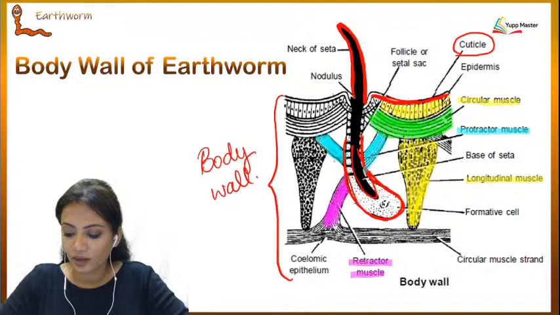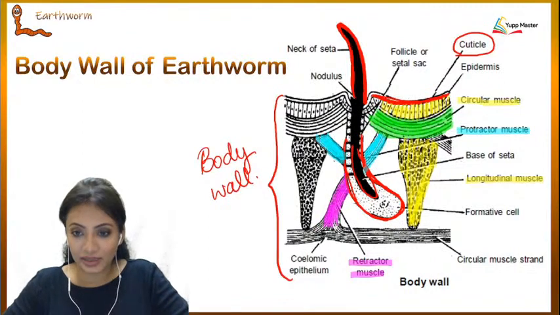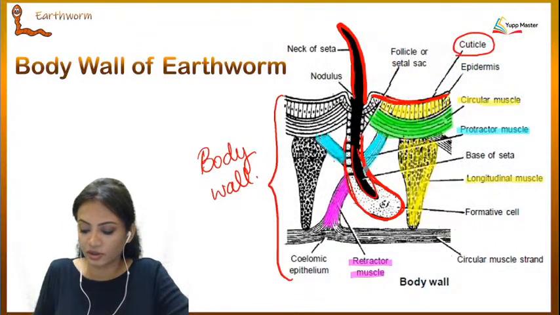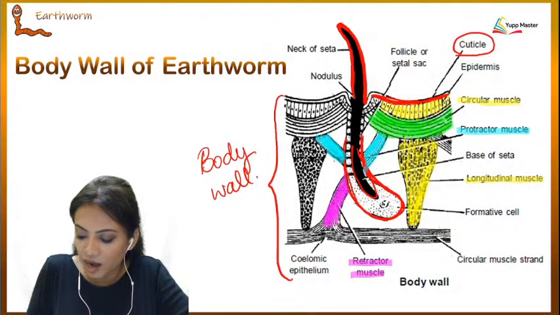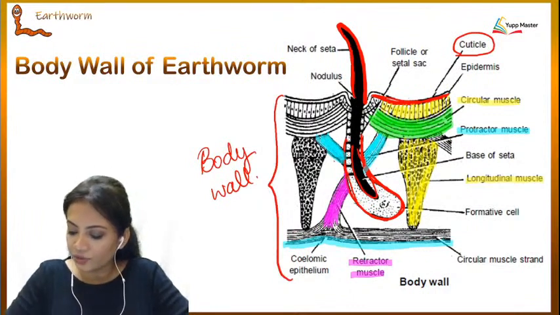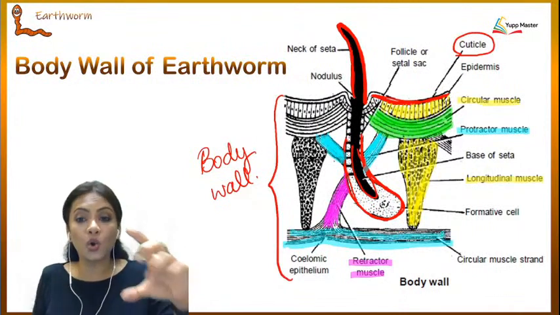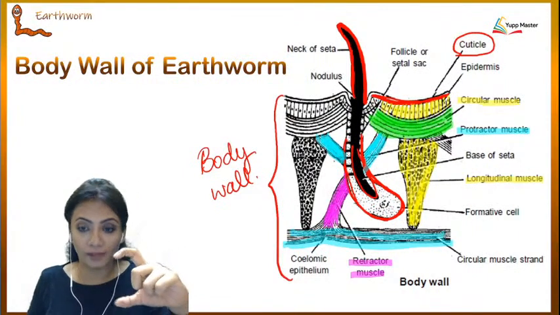Okay, all right, so that is the sac of the setae, and after that in the lowermost region you can see here how there is the coelomic epithelium. Okay, so this is that coelomic epithelial layer that we were talking about. Okay, inner to that you have the circular muscular strand. Okay, so that is present here. Now this is the whole width of the body wall.